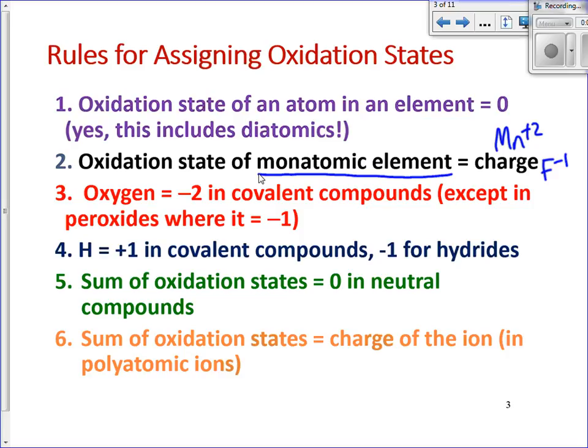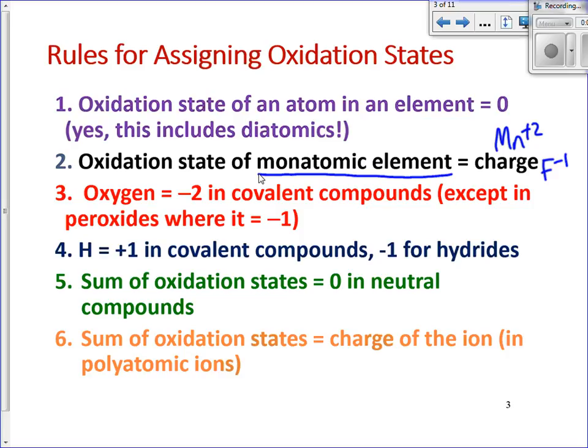Alkaline earth metals are going to be +2. Aluminum's always +3. Silver's always +1. Zinc's always +2. All the ones that have one charge that aren't moms are going to follow that charge. The cations are. The anions are the ones that are a little bit different. If they're in the second part of the compound, they usually follow their anion charge. But if they are in the first part of the compound, then you need to do some calculation and figure out what the charge is going to be.